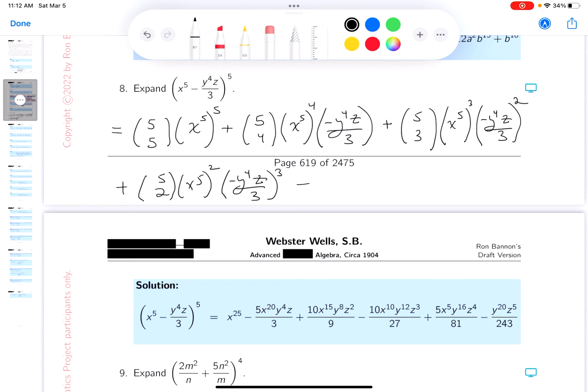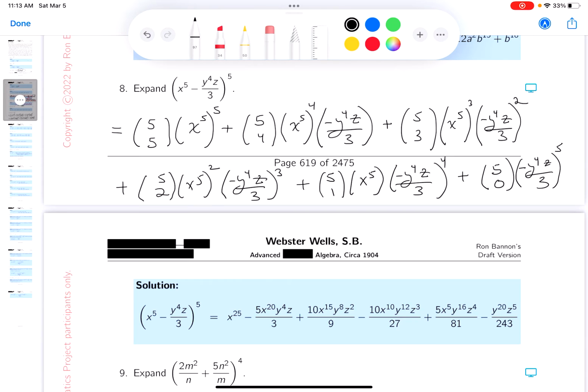Then you're going to get plus 5 choose 1, x⁵ to the 1st power, minus y⁴z over 3 to the 4th power. Last but not least, you're going to get 5 choose 0. There'll be none of those x⁵s anymore, but now I get minus y⁴z over 3 to the 5th power.